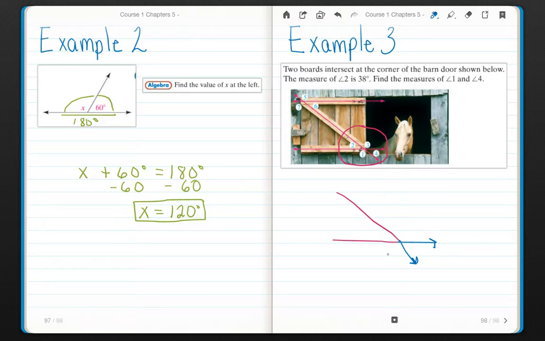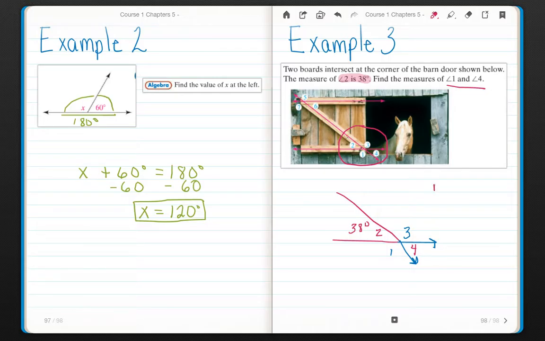So we have angle 1, angle 3, and we have angle 2 and angle 4. Now we know that angle 2 is 38 degrees. I want to know what are angle 1 and angle 4. So I have a couple of options. I'm going to find angle 4 first.